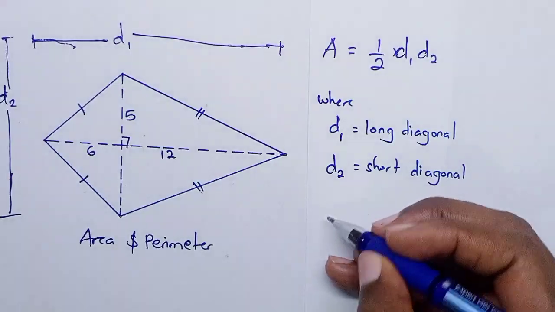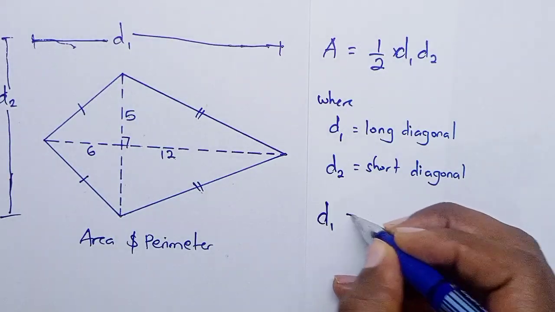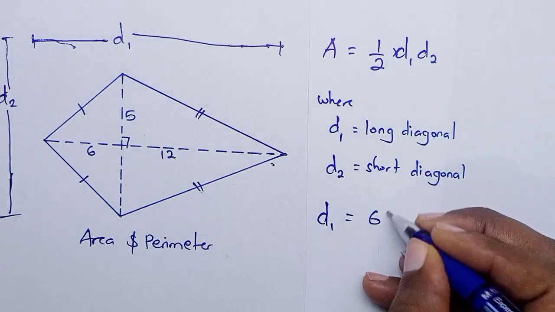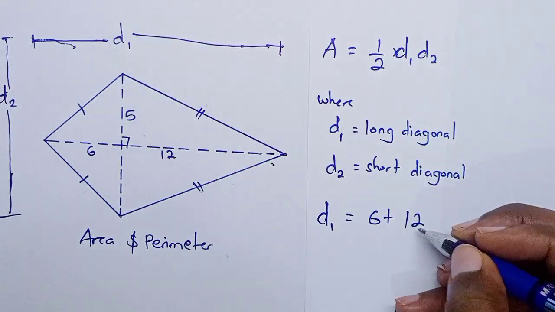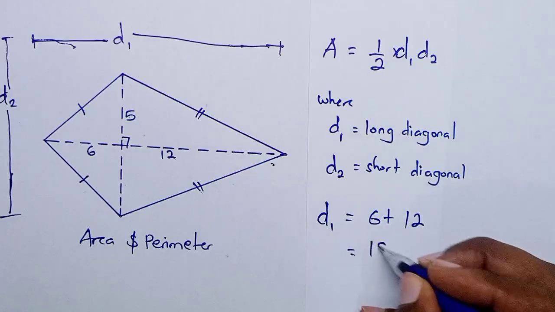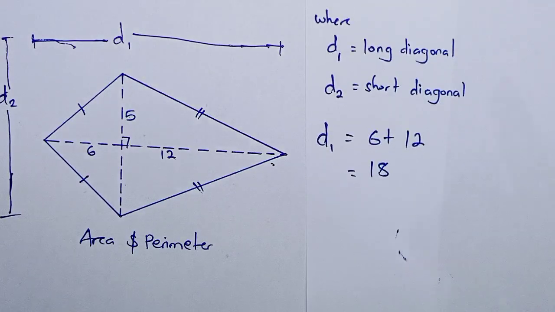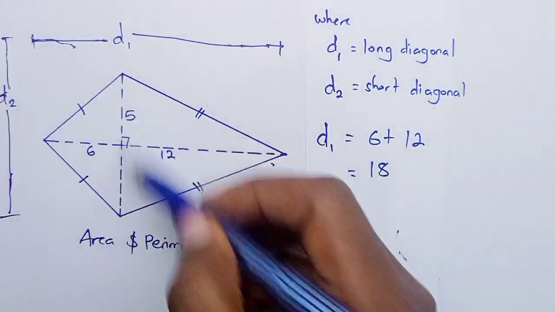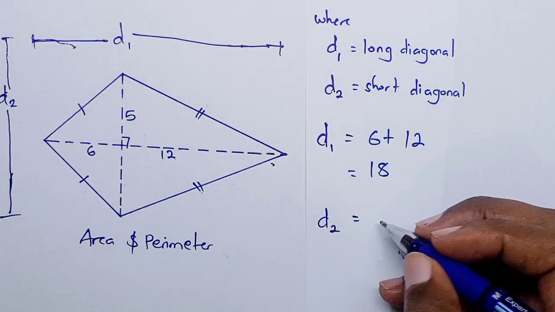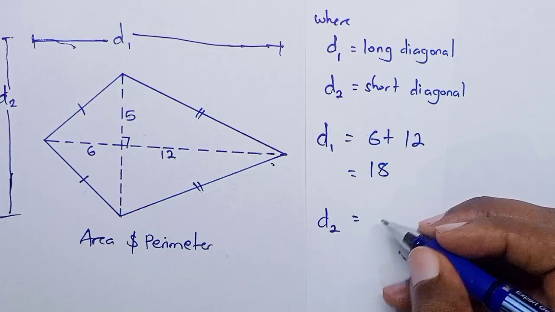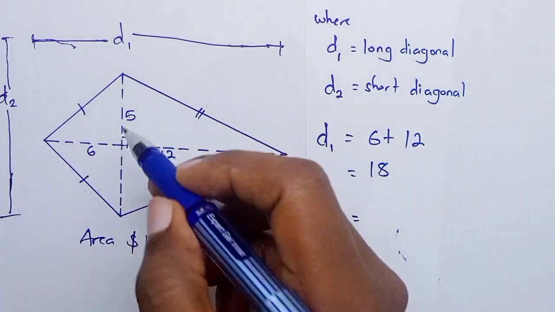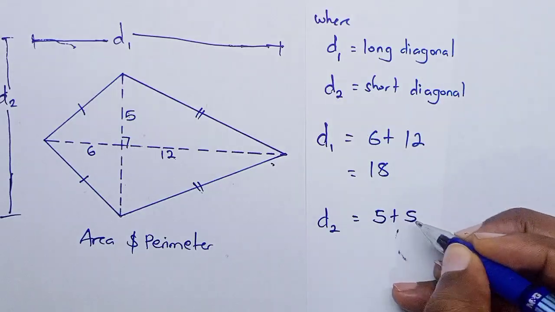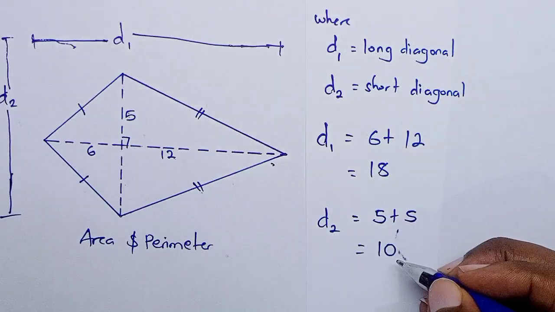So our d1 in the given kite is this whole length here, 6 plus 12, which is equal to 18. And our d2, which is the height or the vertical line: if this is 5, this is also 5, so this will be 5 plus 5, which is 10.